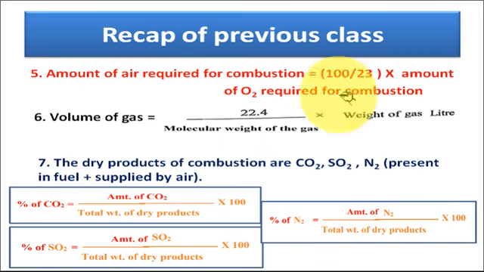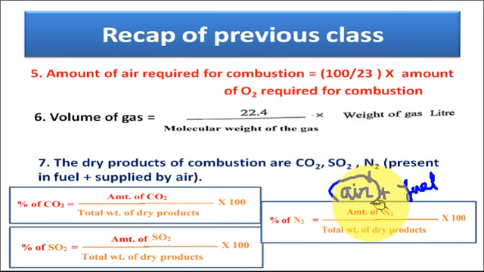So basically, nitrogen which is released as a dry product of combustion is supplied by the air, plus some amount of nitrogen is also present in the fuel. So the total weight of nitrogen is the sum of the nitrogen supplied by air and the nitrogen present in the fuel. So these are the dry products of combustion.